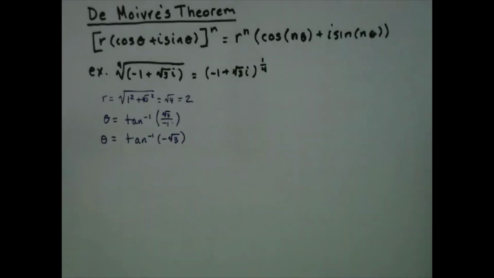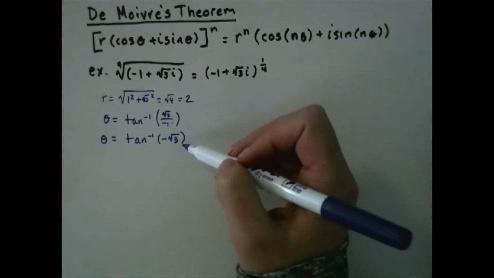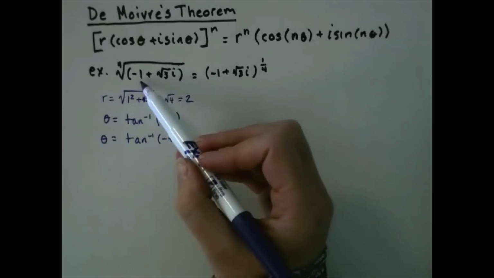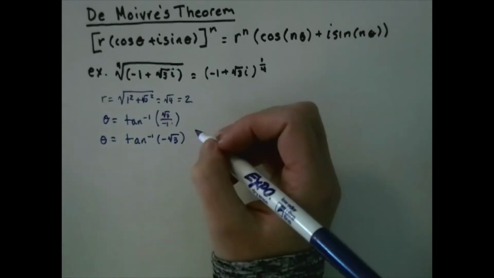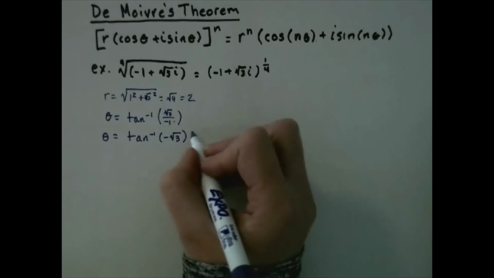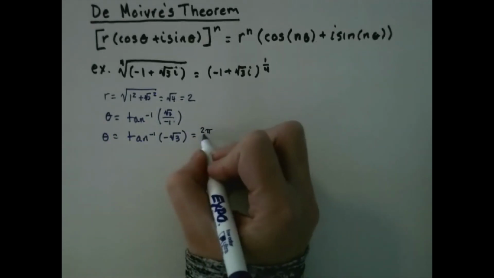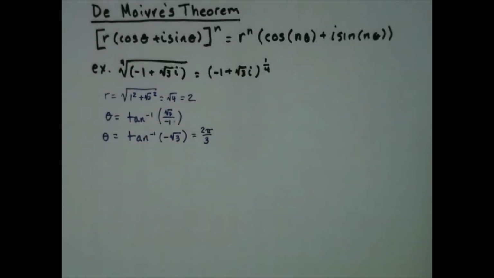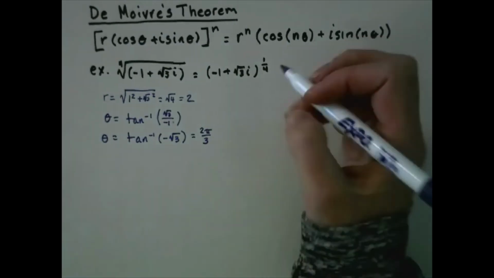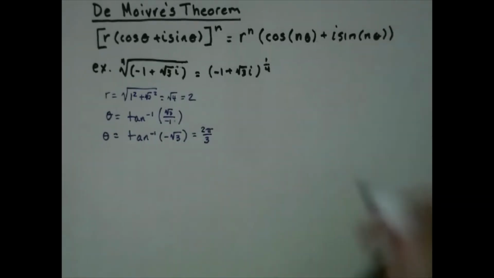So we're looking for the tangent inverse of negative root 3 in the second quadrant. So in the second quadrant, tangent is negative root 3 at 2 pi over 3. Okay, so again, make sure you have those tangent values on your unit circle to make life easier.